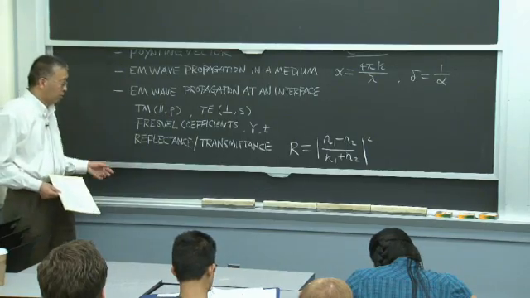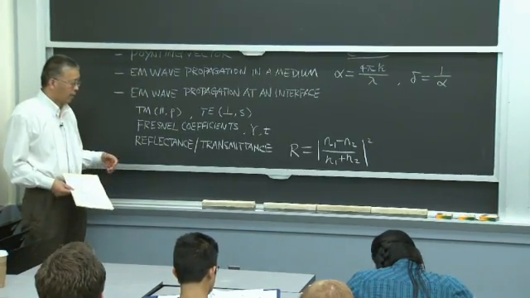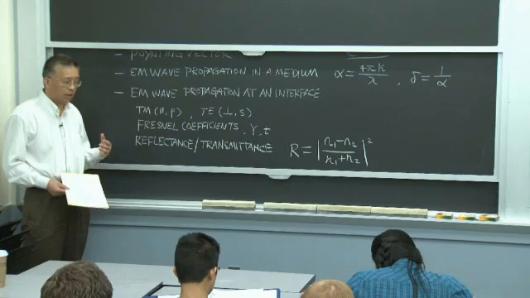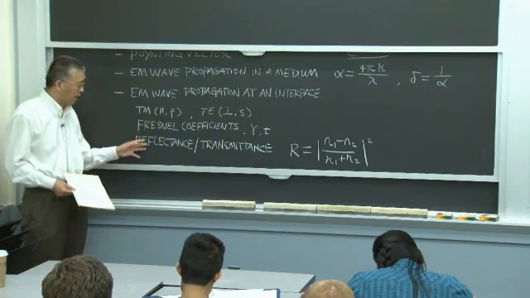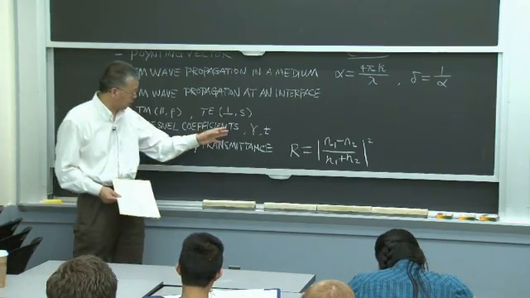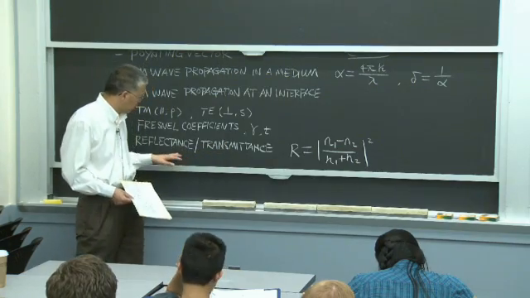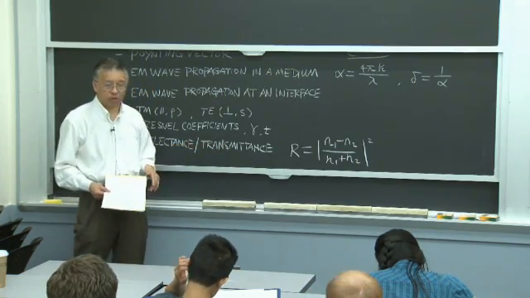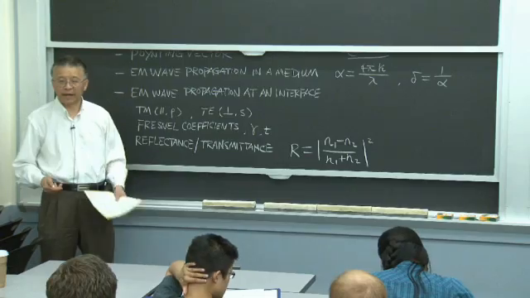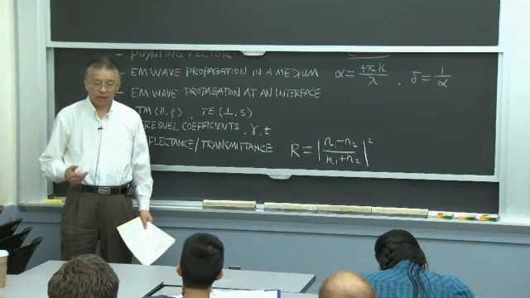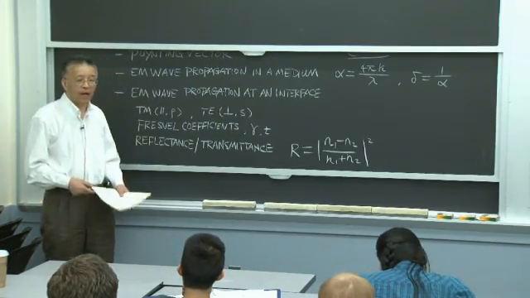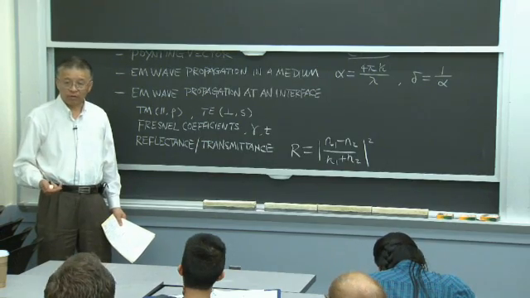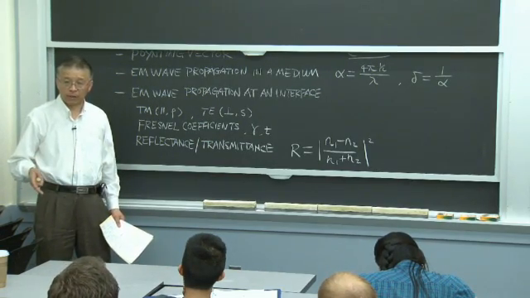I'm not going to repeat those formulas, but essentially you can calculate the reflectance and transmittance for any angle of incidence, as long as you know the refractive index of both sides of the medium.